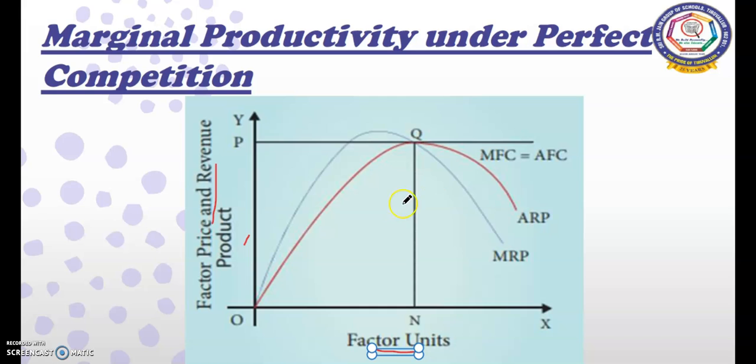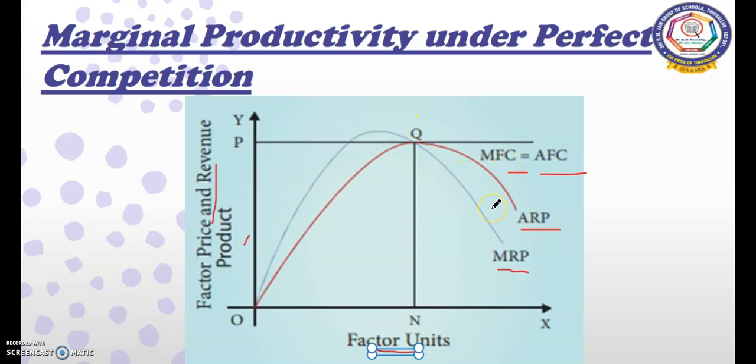Here MRP is the marginal revenue product, ARP is the average revenue product curve, AFC is the average factor cost curve and MFC is the marginal factor cost curve. AFC is horizontal under perfect competition and MFC also coincides with it.